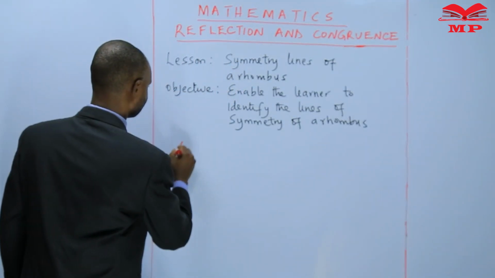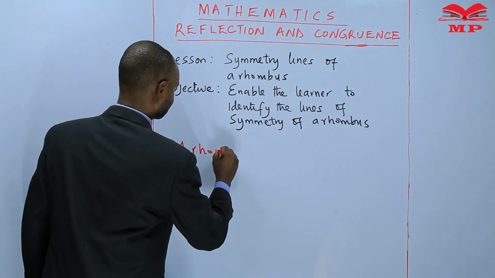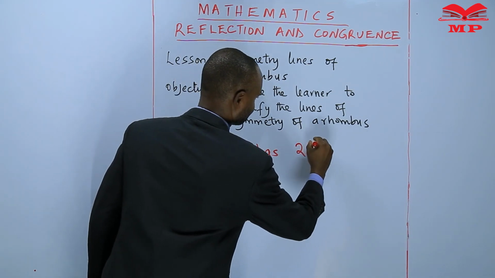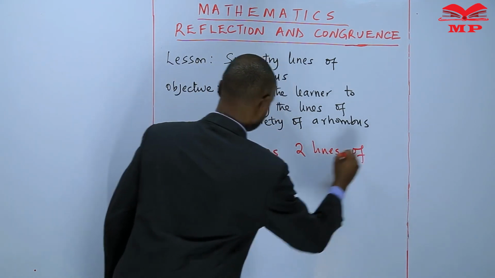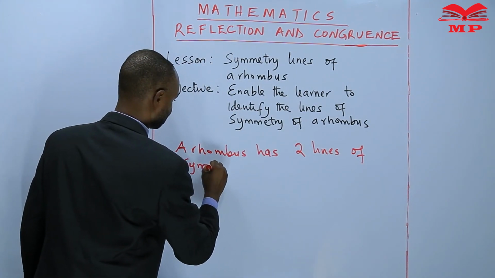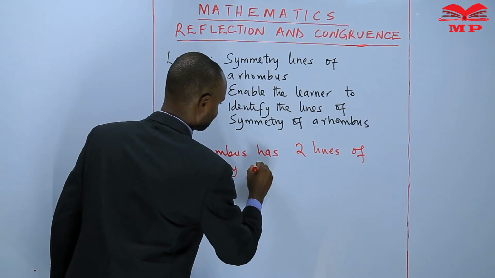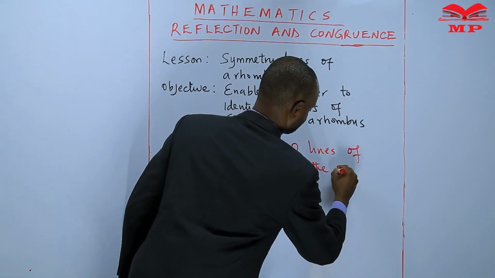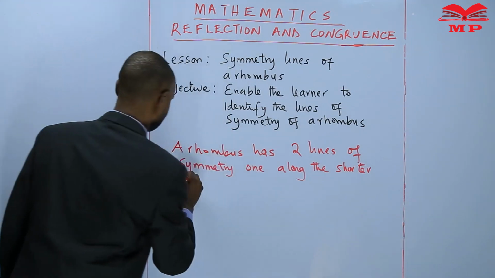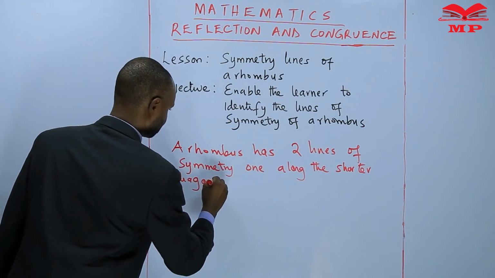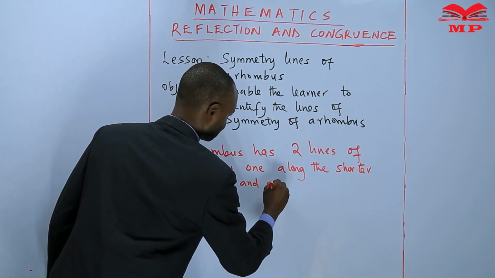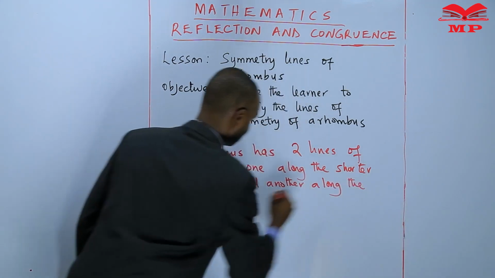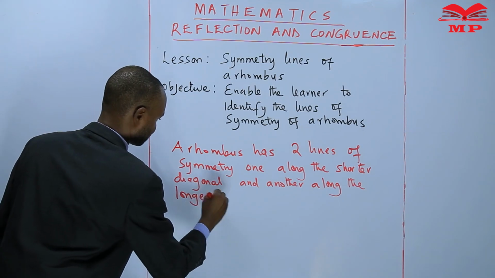A rhombus has two lines of symmetry, one along the shorter diagonal, and another along the longer diagonal as demonstrated.